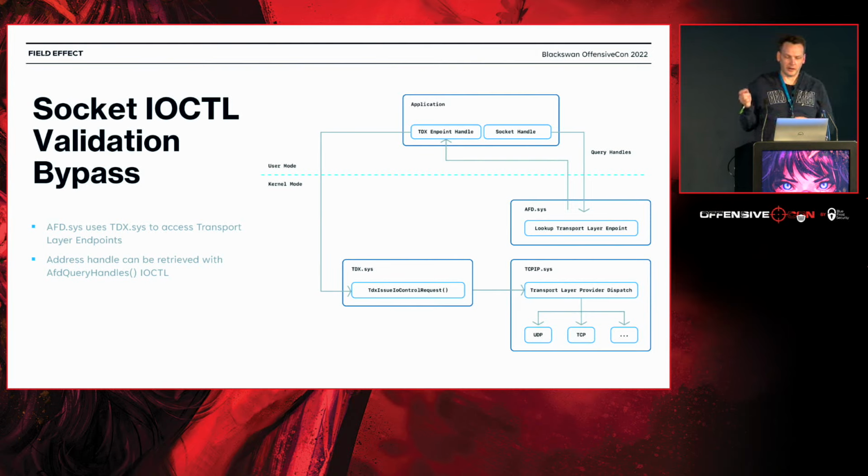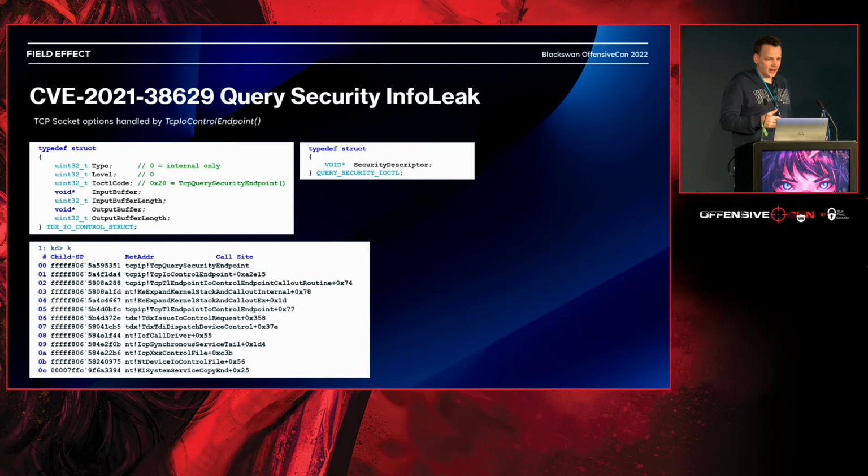So I thought, for sure there have to be bugs if we can hit that code path. At that point I started auditing some of these transport drivers, looking at their ioctl handlers or set socket option handlers to see if there's anything interesting going on when I don't have the same restrictions. And that's where I found the first bug down here. Almost all the bugs I'm going to give details for have been patched already.